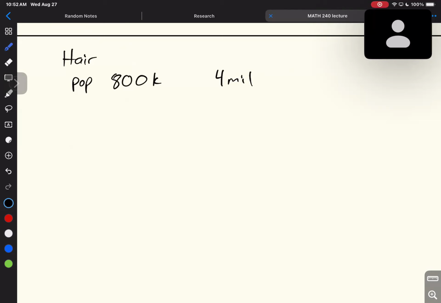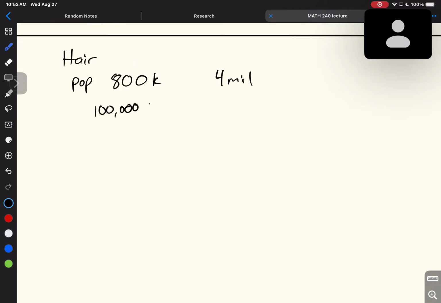They use half of the surface area equation to figure out how much of the head can have hair, and then 20 follicles per linear inch gives you around 100,000 follicles of hair on a human head.